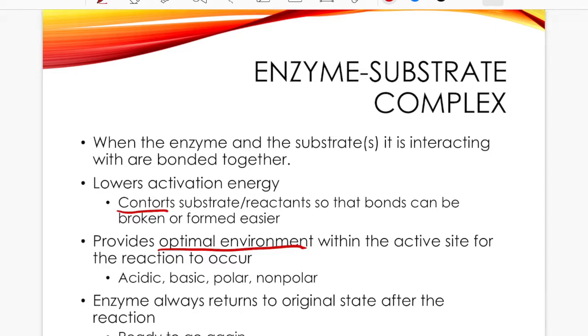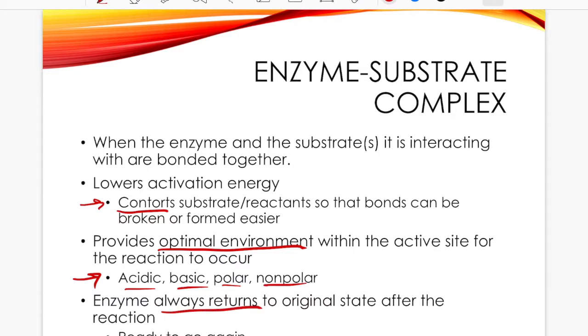So maybe the reaction needs to be slightly acidic or slightly basic, or maybe the active site needs to be polar in order to pull in a polar substrate, or nonpolar to pull in a nonpolar substrate. No matter what it does, whether it's bending or shaping or slightly acidic or slightly basic, they always return to the original state.